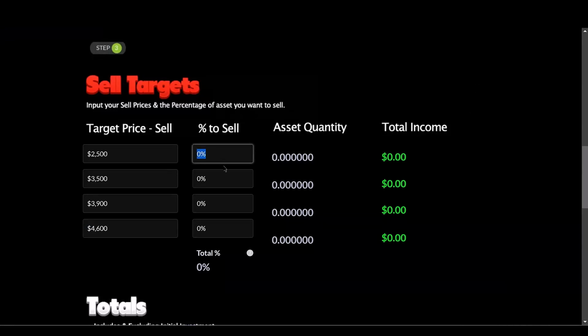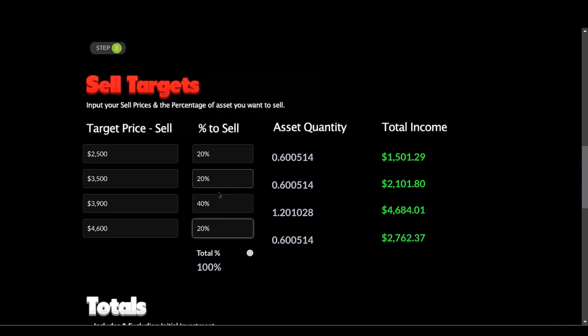We'll look at the percentage of Ethereum we'll sell when each sell target is reached. So we'll look at 20% to sell in our first. When our first sell target is hit, then we'll sell 20% again. And when our second sell target is hit, 40% when our third sell target is hit, and 20% when our last sell target is hit.